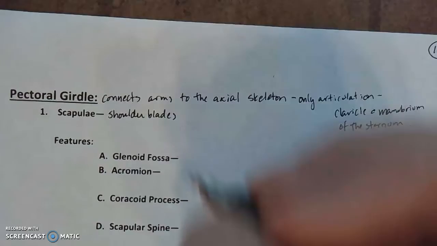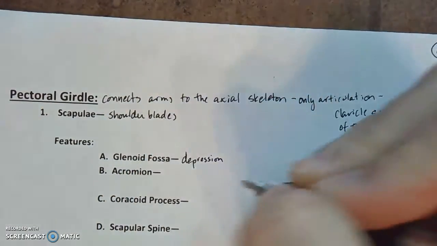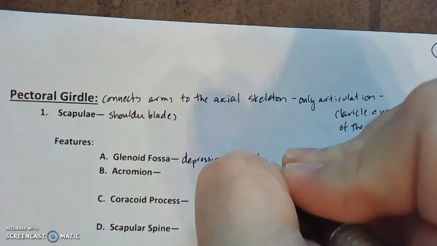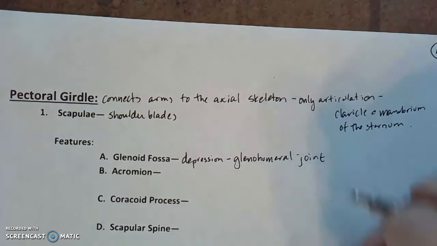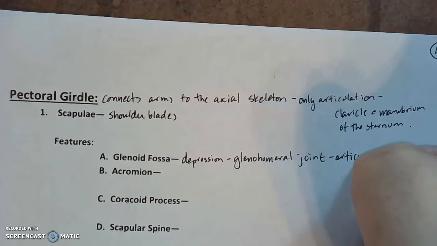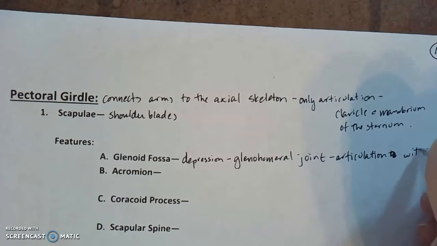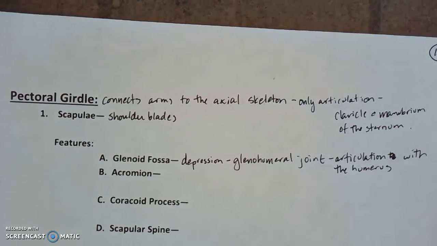The glenoid fossa is a depression in the bone, in the actual scapula, for the glenohumeral joint. So this is the articulation, not to, but with the humerus, or the upper arm bone. So this is going to be a pretty big joint. It is a ball and socket joint. It offers a lot of range of motion.